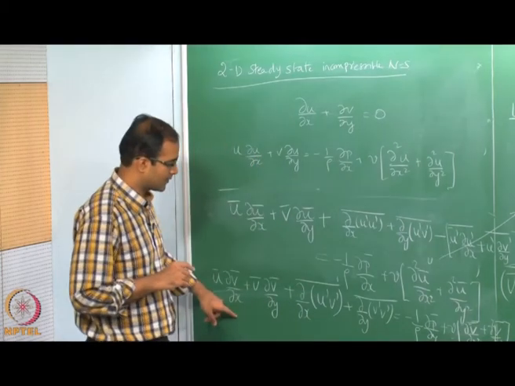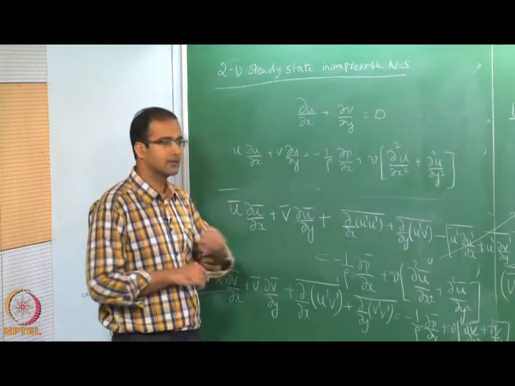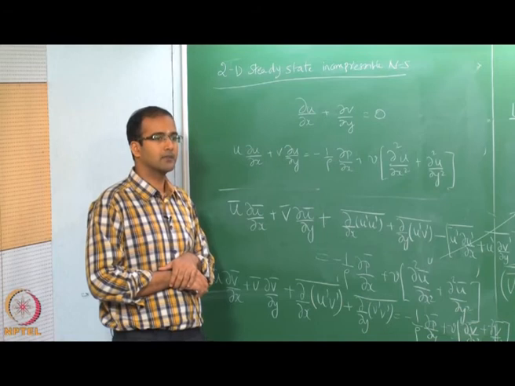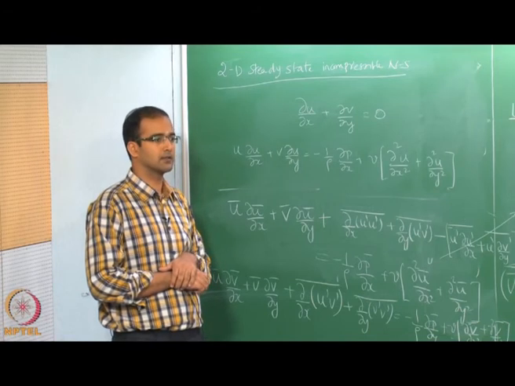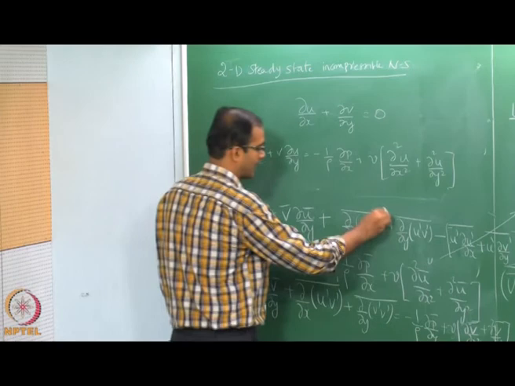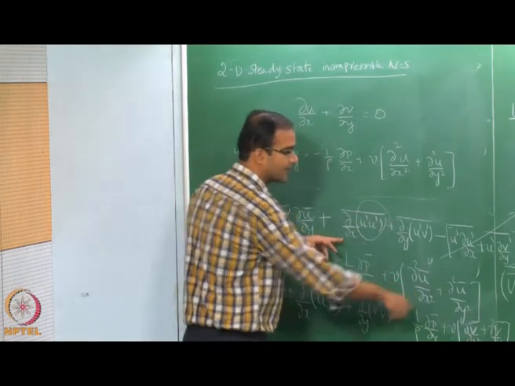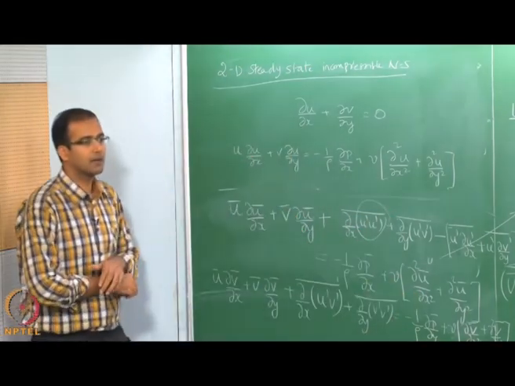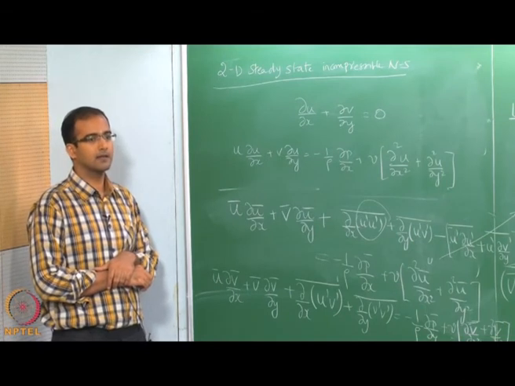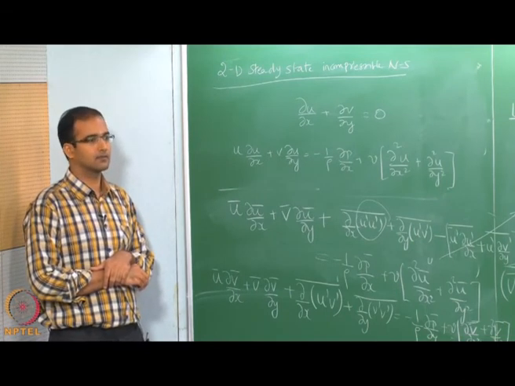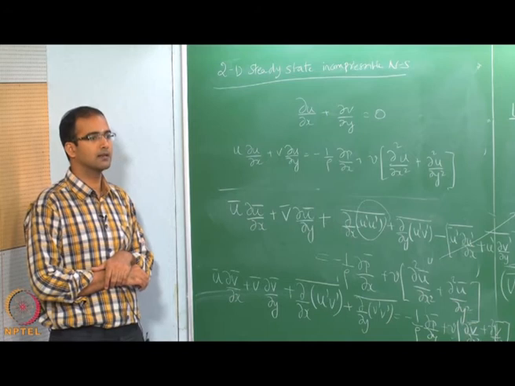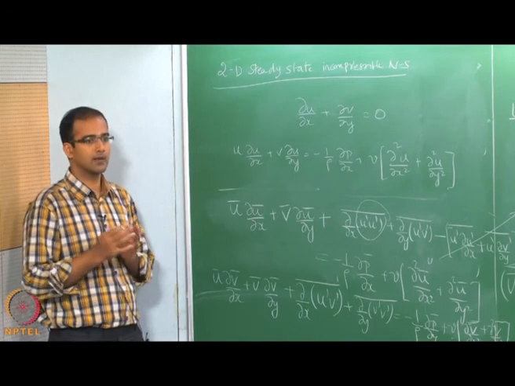If you write the y momentum equation also you get similar derivatives of the product of the fluctuating components. These can be taken towards the right hand side, and clubbed with the existing shear stresses, which are nothing but tau xx, tau xy and so on.